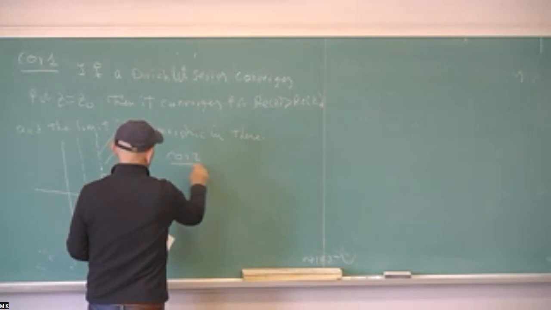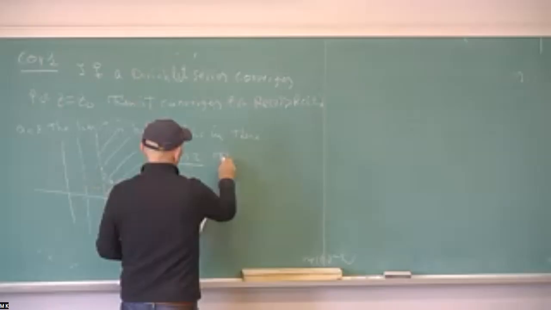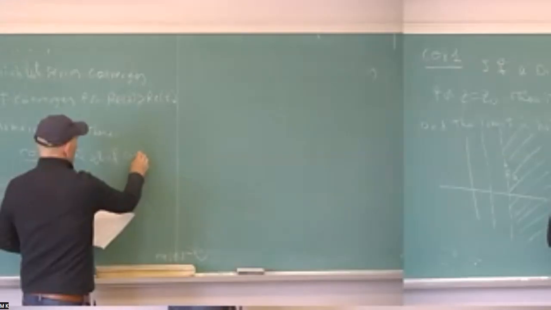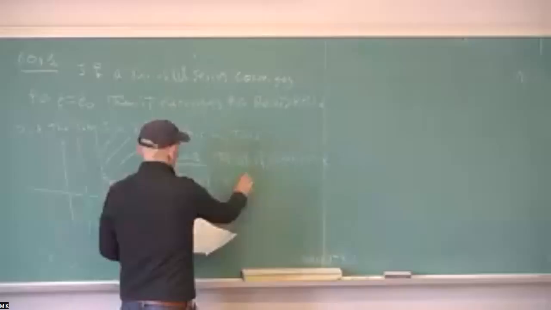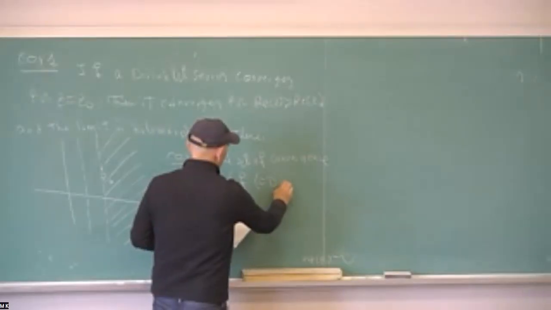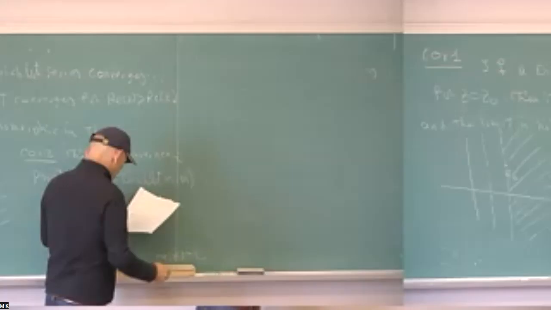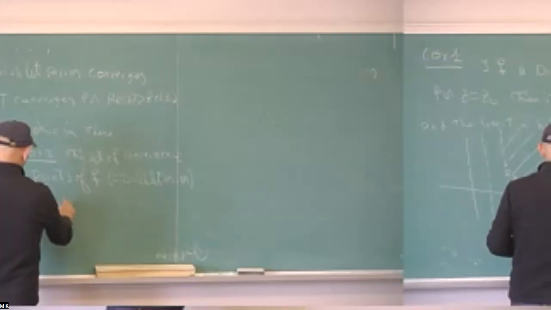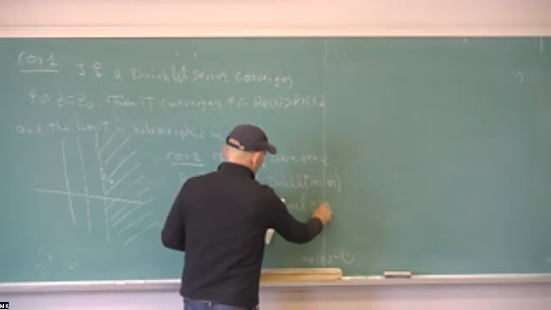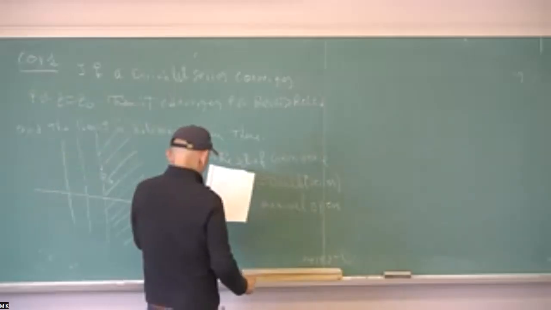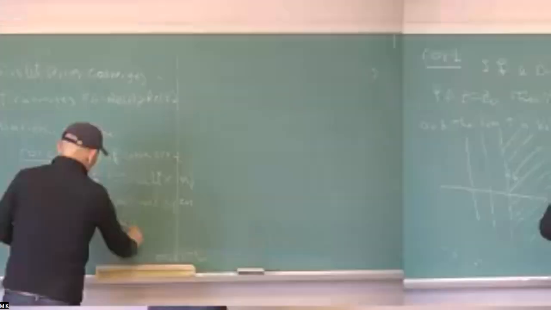Now corollary 2 is that the set of convergence points of F, I mean, F is really a Dirichlet series, always contains a maximal open half plane, real part of z bigger than rho.